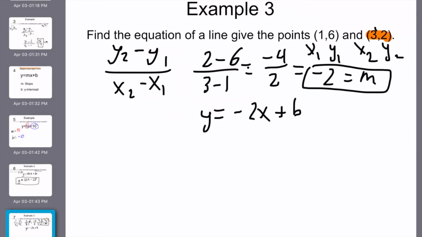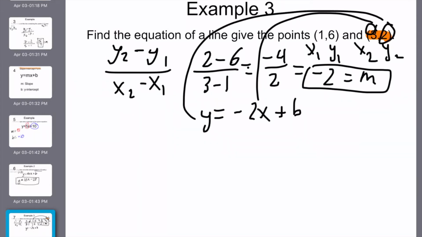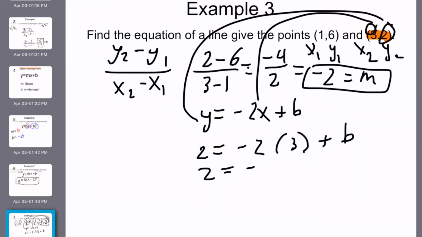So my x value goes to where my x is, and my y value goes to where my y is. So I have 2 equals negative 2 times 3 plus b. So 2 equals negative 6 plus b.